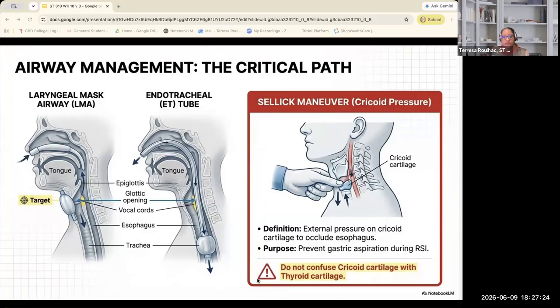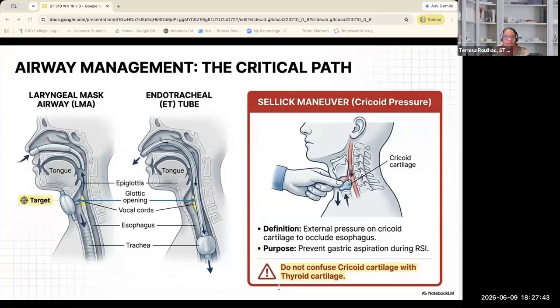If you remember one thing from this slide, remember that the Sellick maneuver, or cricoid pressure, is applied to the cricoid cartilage, not the thyroid cartilage. That's a favorite exam point because the names do sound similar.